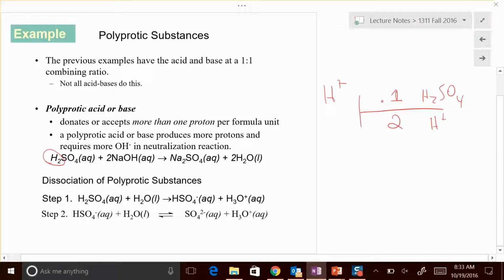It's just a stoichiometric relationship. So once I find the moles of H+, I can easily find the moles of H2SO4 in the same way. And you can just do it in molarity. So if this was 2 molar H+, then it would be a 1 molar H2SO4 solution. This would be 1 molar H2SO4.